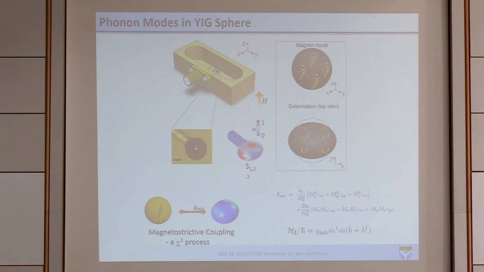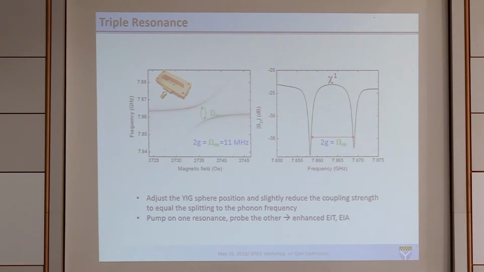So specific to this device geometry, there is an additional benefit of using this geometry. As I showed you earlier, when you put a sphere inside this cavity, you have the mode splitting, right? The splitting of this mode is determined by the interaction strength between the cavity mode and the Magnon mode. So if you put the sphere at a different location, you have a different splitting.